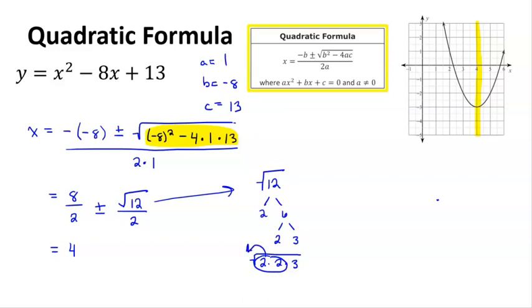All right, here we go. So we've got 2 out to the side, and then we have our square root of 3. So 4 plus or minus 2 times the square root of 3, which is taking place of this square root of 12, and then over that 2.